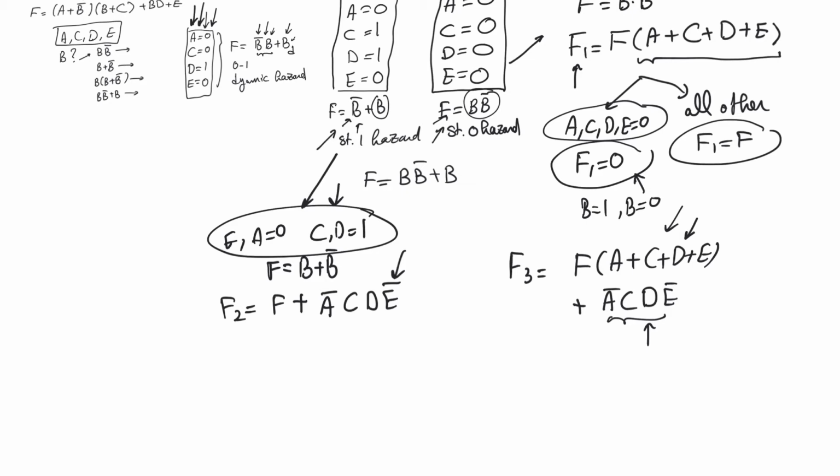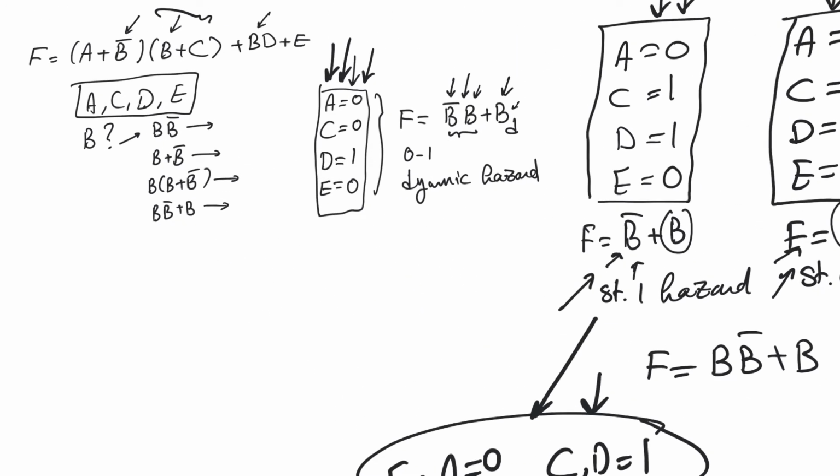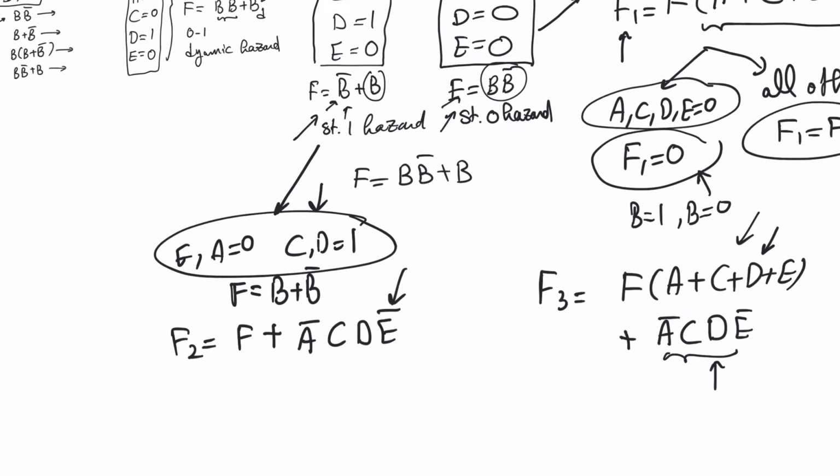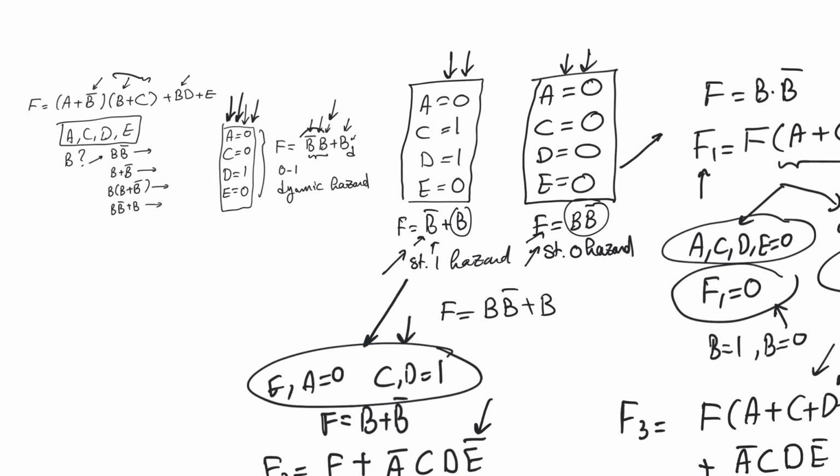This might not be immediately obvious, but it's actually not that hard to see. Now, the dynamic hazard, as you can see here, occurs because of the expression b bar b plus b appearing at the output of the function. Now, we should object by saying, well, we have already actually masked b bar.